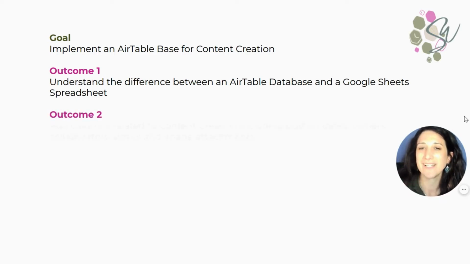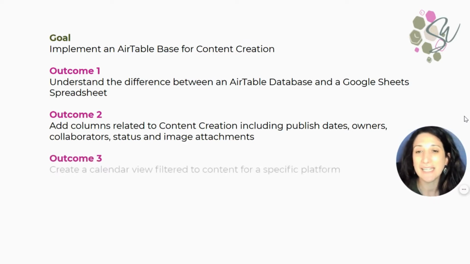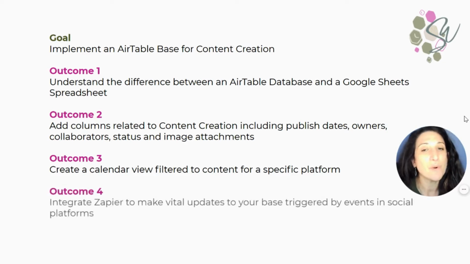Outcome 2, add columns related to content creation, including publish date, owners, collaborators, status, and image attachments. Outcome 3, create a calendar view that is filtered to content specific for a platform of your choice, a social media platform. And outcome 4, integrate Zapier to make vital updates to a base triggered by events in social platforms.